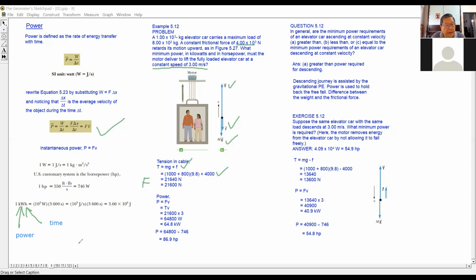Now using this conversion factor here, 746, we can change it to horsepower. So this power here, 64,800, if you want to change to horsepower, you divide by 746.